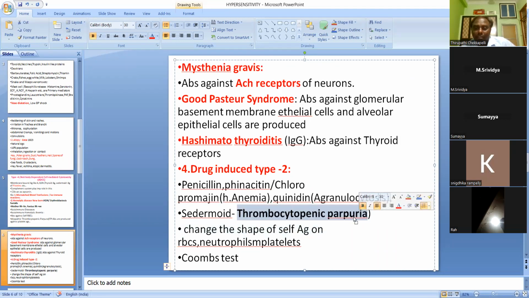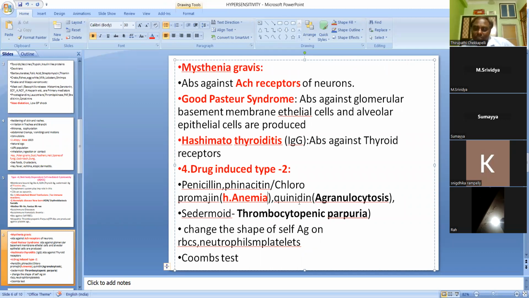So here all these diseases, agranulocytosis, that means agranular cells are produced less in number. Hemolytic anemia means our RBC antigens are modified, and due to continuous utilization of these drugs like penicillin, phenacetin, or chlorpromazine, that causes hemolytic anemia.